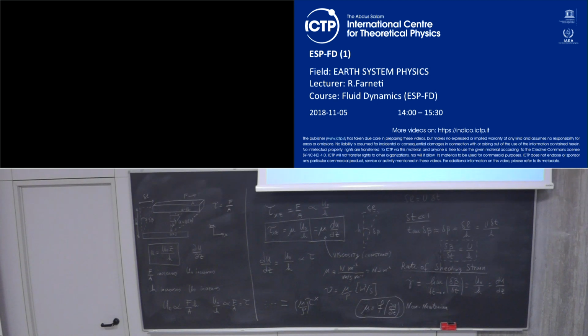Comparing the equations. Yeah, the radius is infinite. The radius is infinite, so we have a plane parallel. The length is infinite.